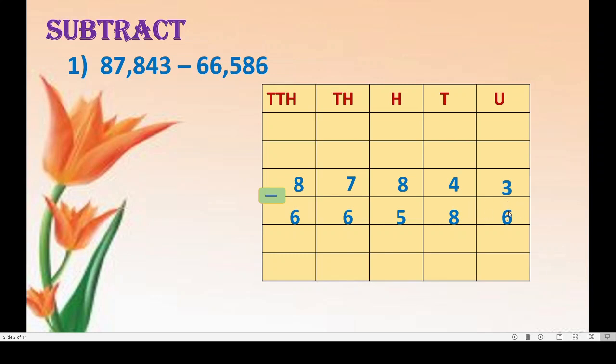This is subtraction by borrowing, correct? With borrowing. Now here in the unit place we have to subtract 6 from 3. It is not possible because 6 is greater than 3. So what we do? We borrow from the left hand side, correct?